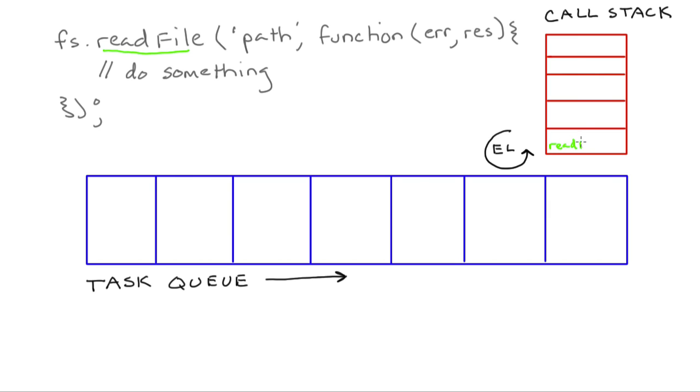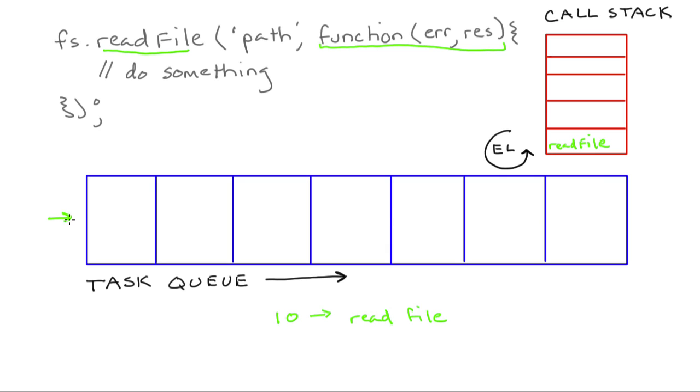And what this does is it calls into the Node.js runtime. And what the Node.js runtime does is it starts a job to read in this file. So we're going to do some I/O here, and the I/O is going to be to read in a file. And then it'll store away this callback function. And when the I/O work is done reading in the file, it can take the function and put it at the beginning of the task queue, just like we did with setTimeout.